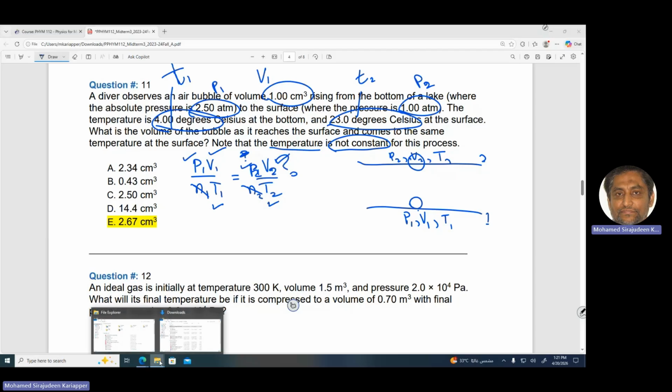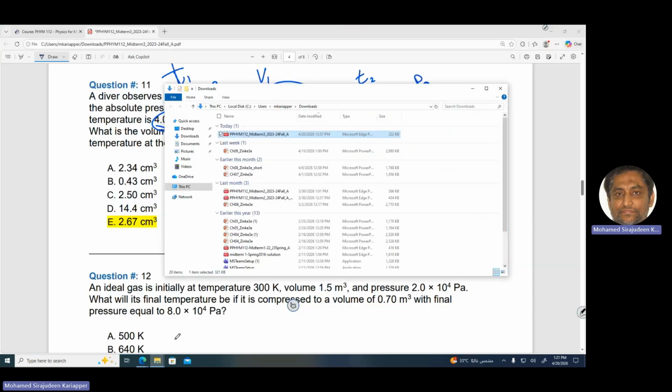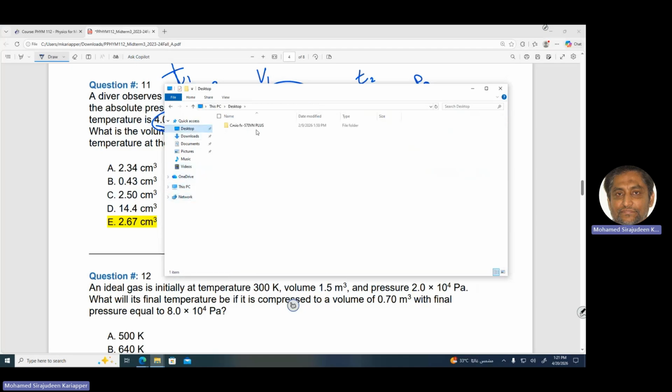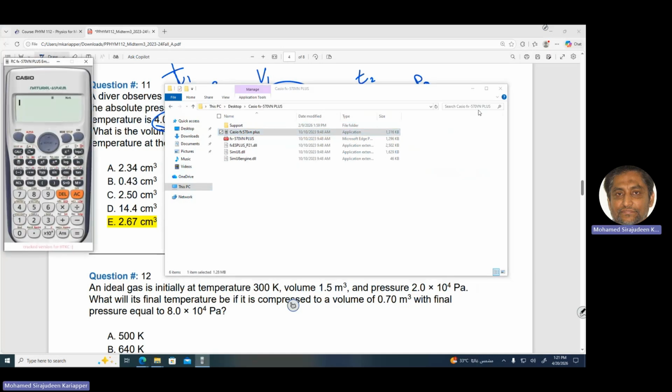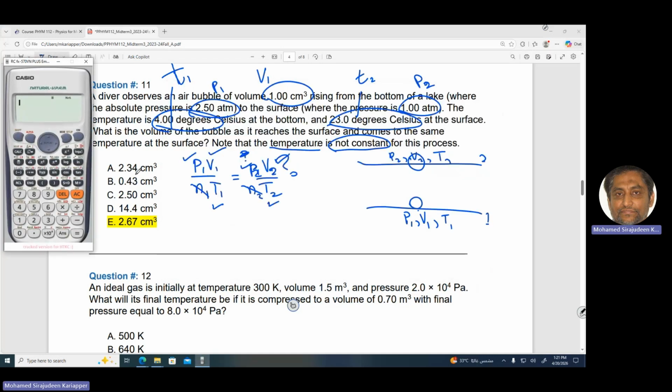So let me take my calculator out. You can of course move it around, but anyway, why not use the calculator? I will substitute. We will do this, the fraction. P1 is in atmosphere.